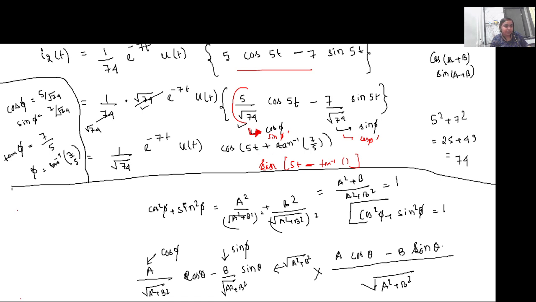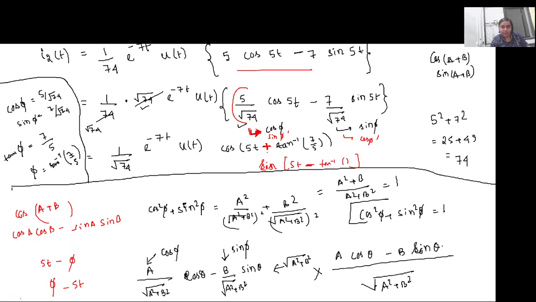Cos of a plus b is cos a cos b minus sin a sin b. Now you do not know whether 5t or this angle is greater or lesser, because when there is a negative sign you do not know which one to take as c and which as d. It could be 5t minus some phi or some phi minus 5t. You do not know which way to take. So the best option, which is why I took it in terms of cos, is that it comes with a positive sign. That way there is no mistake.